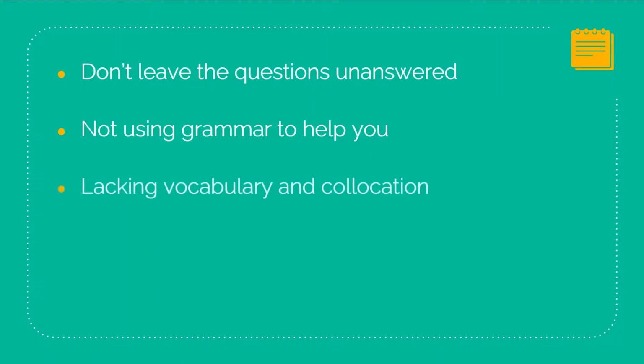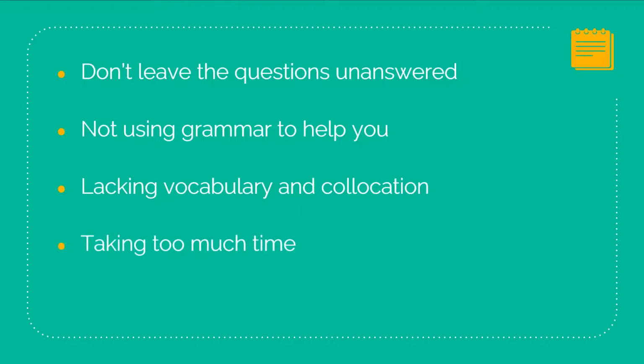Mistake number 3. Lacking vocabulary and collocation knowledge. To do well in the PTE exam overall, you need to have a decent vocabulary along with good knowledge of collocation. Don't forget to go through all of the collocation words given in the official list. Mistake number 4.